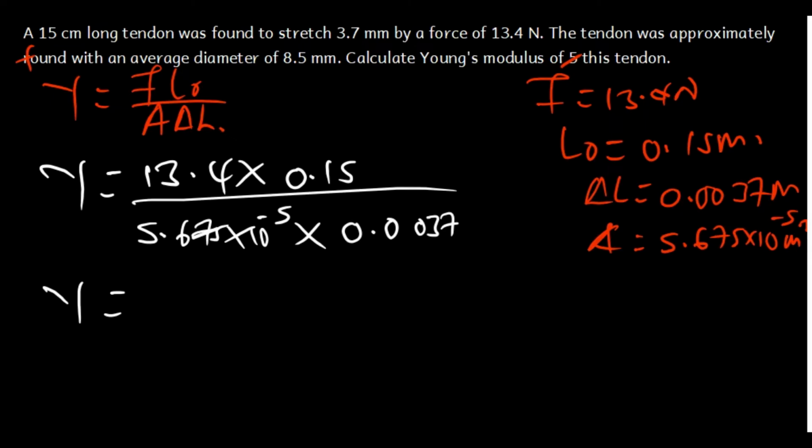On top we have 13.4 times 0.15, then I divide this by, opening the brackets, 5.675 exponent negative 5, times 0.0037.